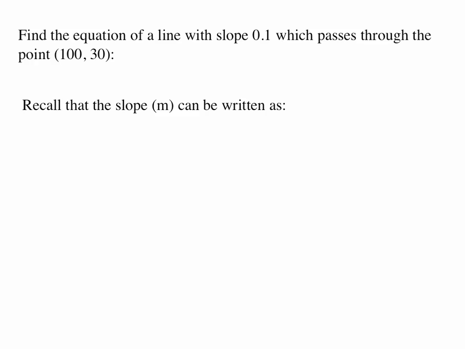So suppose I said, find the equation of a line with a slope of 0.1, which passes through the point 100, 30. This is the same problem as you just finished on the previous slide. Instead of dropping these into point-slope form, I'm going to start with the slope formula. Remember that the slope of a line can be written as y2 minus y1 over x2 minus x1.